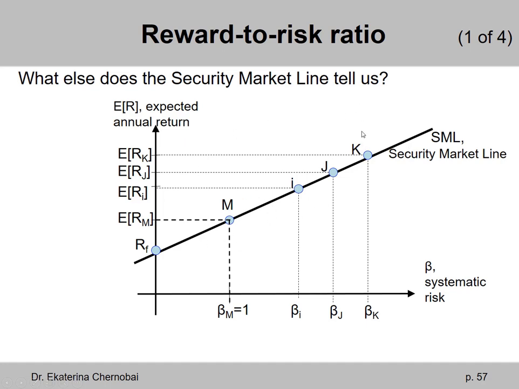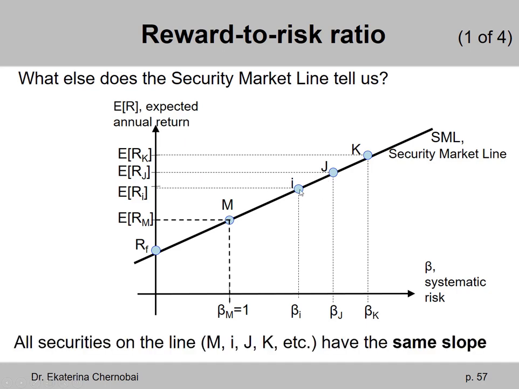So what else can we say about this line? All the securities that you see, so let's say the risk-free asset, the market portfolio, stock I, stock J, stock K, and so on, they all have the same slope. Kind of pretty obvious, right? Along the same line, the slope is the same.